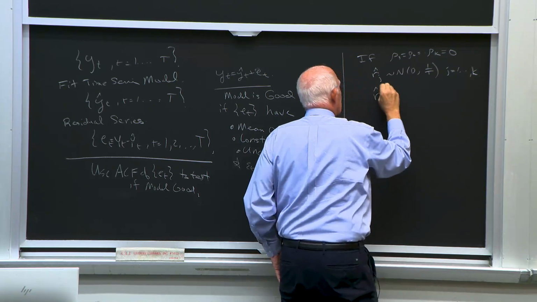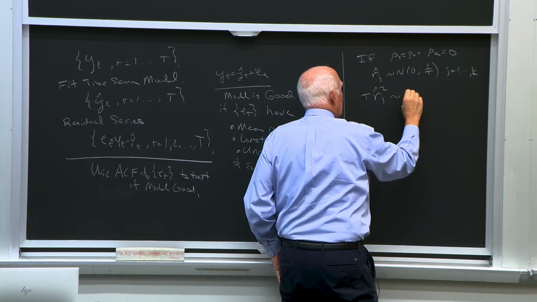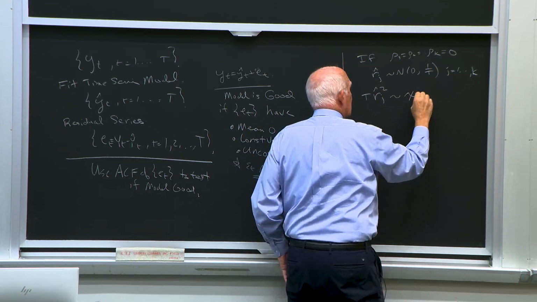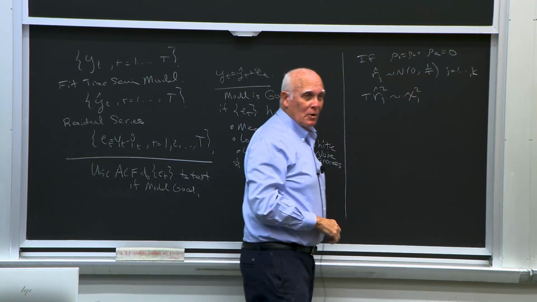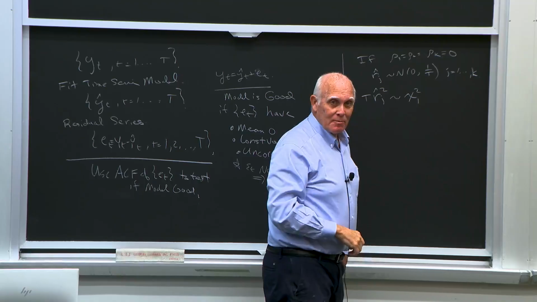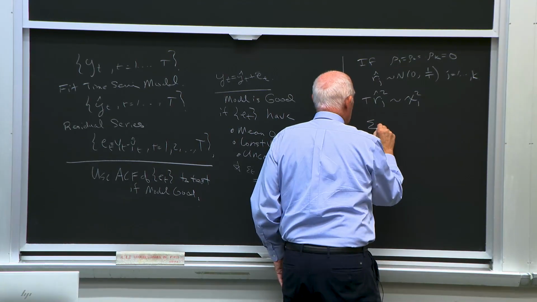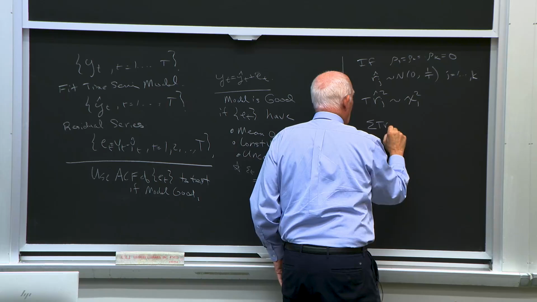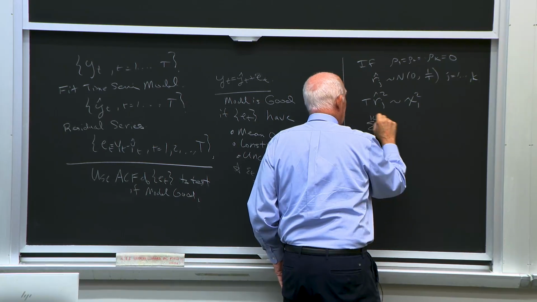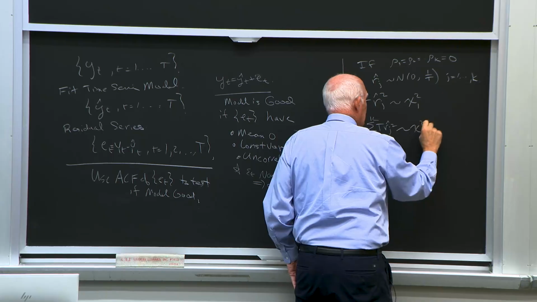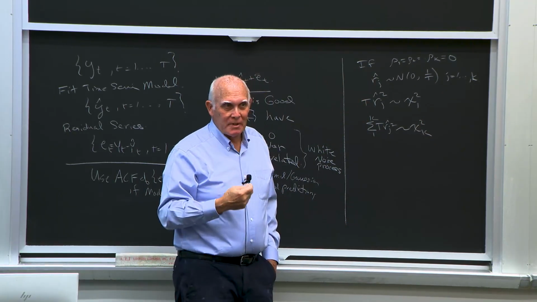T r hat j squared is approximately the square of a normal 0, 1, which is a chi-squared 1 random variable. And if we look at the sum of T r hat j squared from 1 to k, this will be approximately a chi-squared distribution with k degrees of freedom.